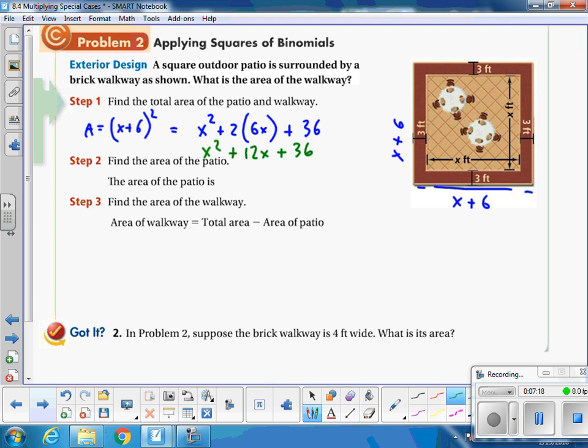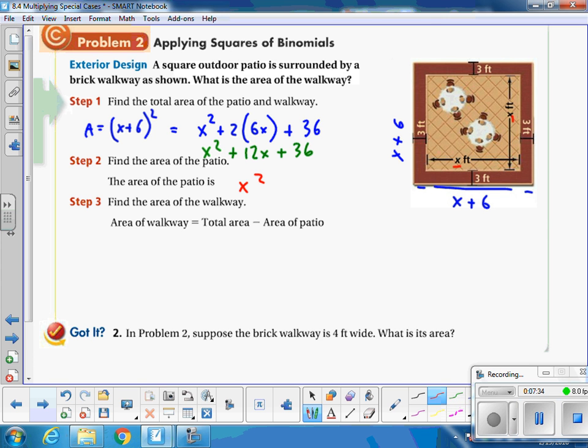Now we have to find the area of the patio. So the area of the patio looks like it is x by x. So the area of the patio is x squared.